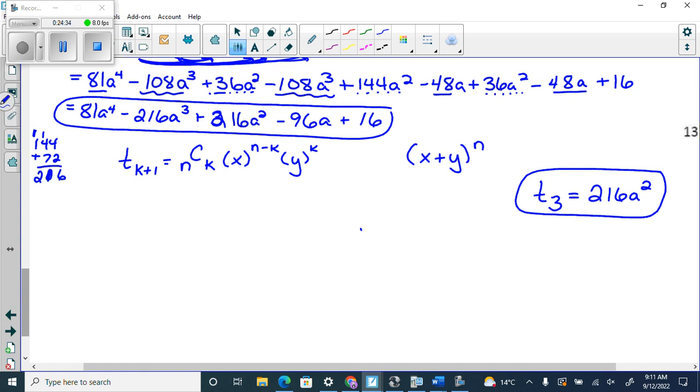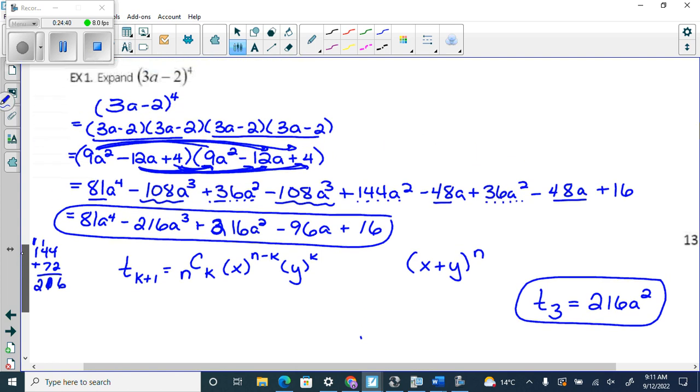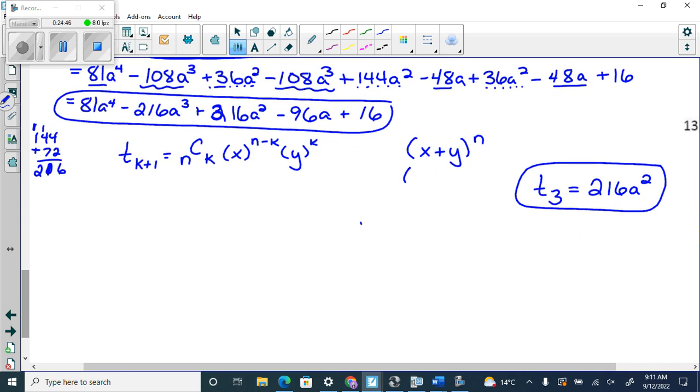Well, first off, I have to actually use the binomial theorem and get my x, my y, my n, so I'm going to line my binomial up. My binomial was 3a minus 2 to the 4. Do you see that? So I have to line that up under here. 3a minus 2 to the 4. That was the binomial up top in the question. We agree?